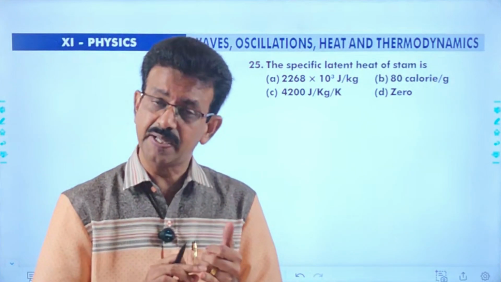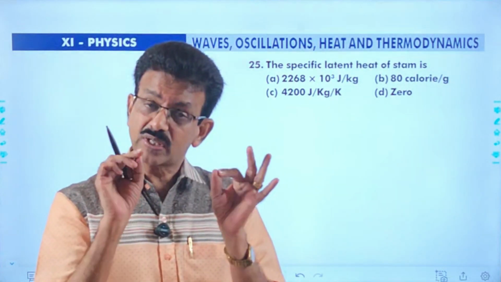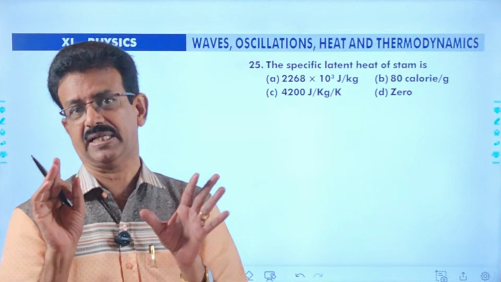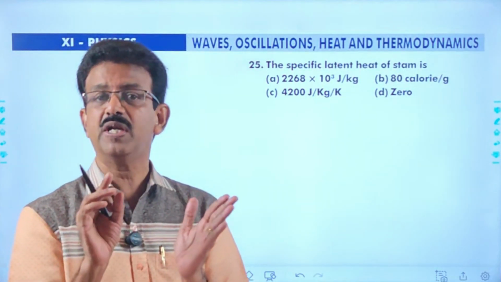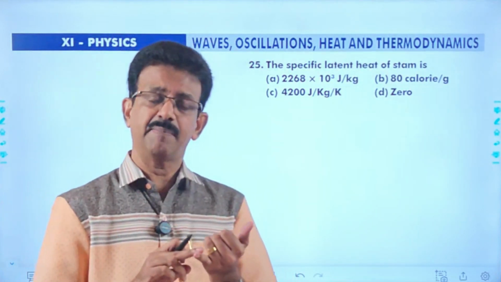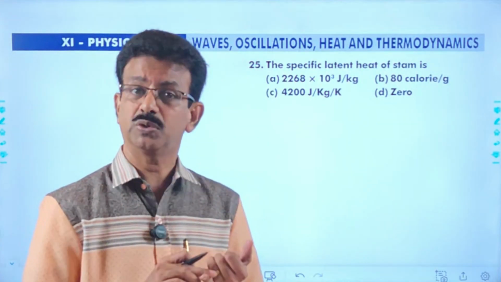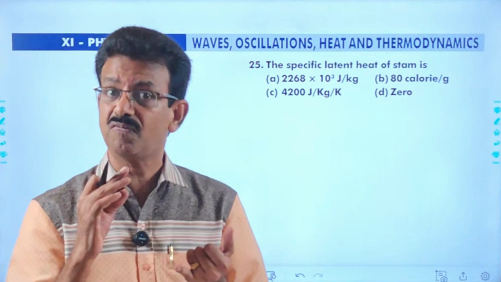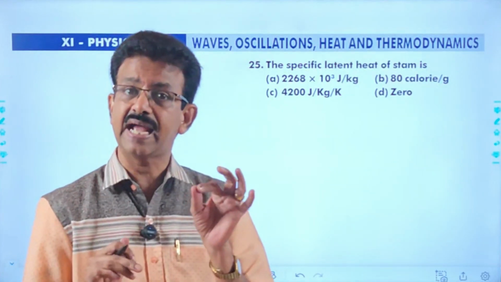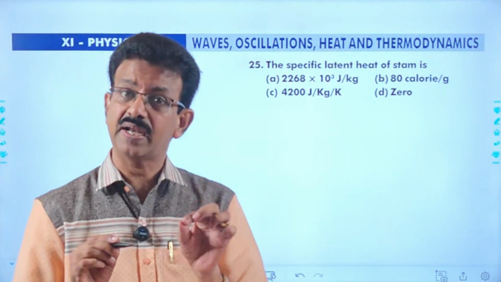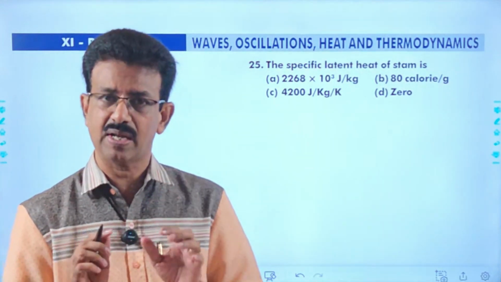Specific latent heat is the heat required for the state conversion of unit mass of a substance. For example, the specific latent heat of fusion of ice is 80 calorie per gram, or 336 times 10 raised to 3 joule per kilogram.